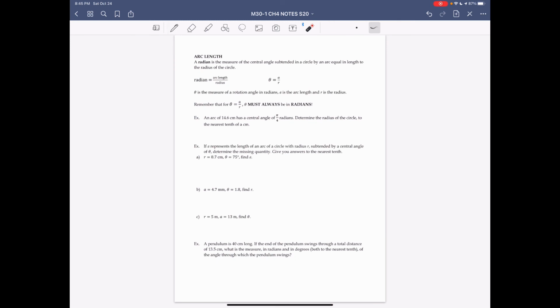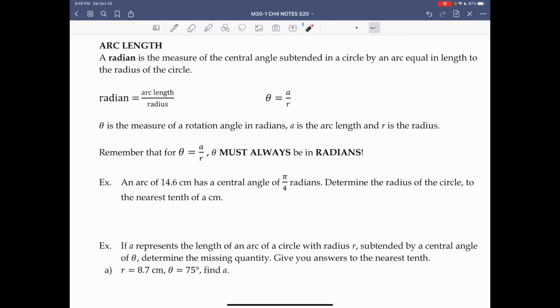Then we have the formula: radian equals arc length over radius, or theta equals A over r. The theta in this equation is always radians. So if you're doing a question, you need to make sure that your angle is in radians before you use this formula.